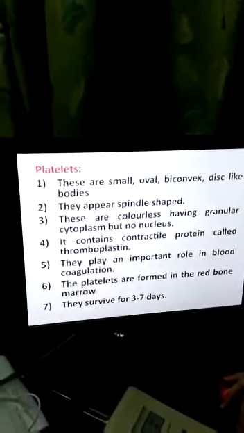Remember, a person having a low platelet count is at high risk because platelets play an important role in the clotting of blood. Whenever there is a cut or wound, these platelets help in the formation of a blood clot.